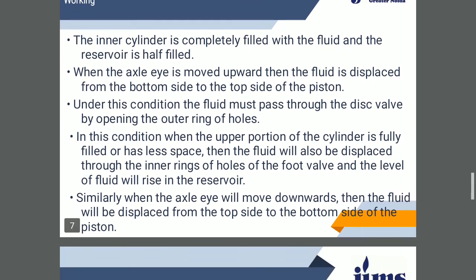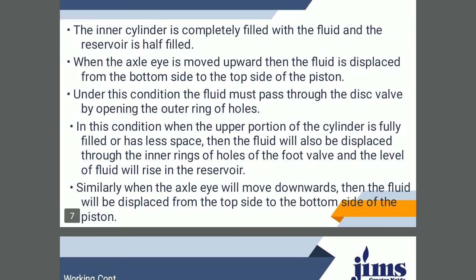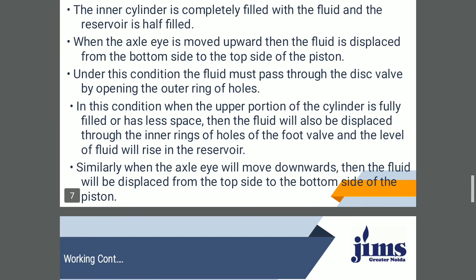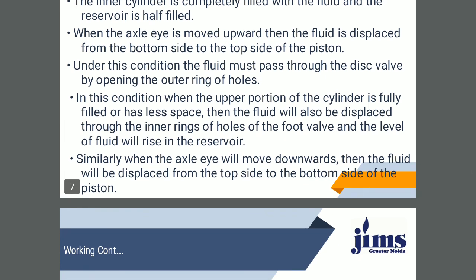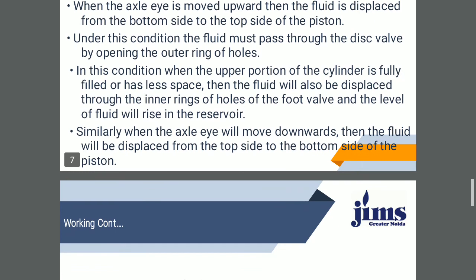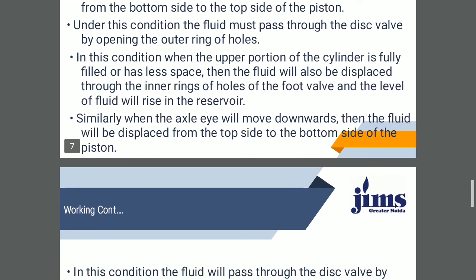In this condition, when the upper portion of the cylinder is fully filled or has less space, then the fluid will also be displaced through the inner ring of holes of the foot valve and the level of the fluid will rise in the reservoir. Similarly, when the axle eye will move downward, what will happen?